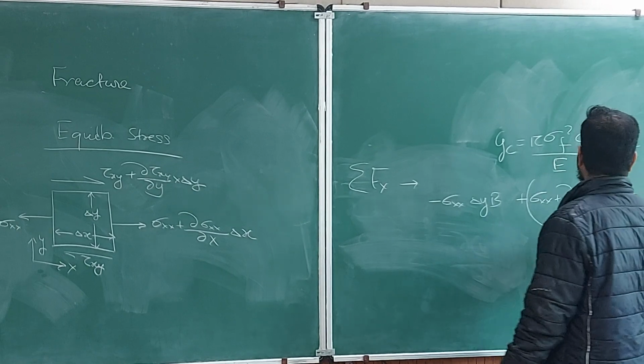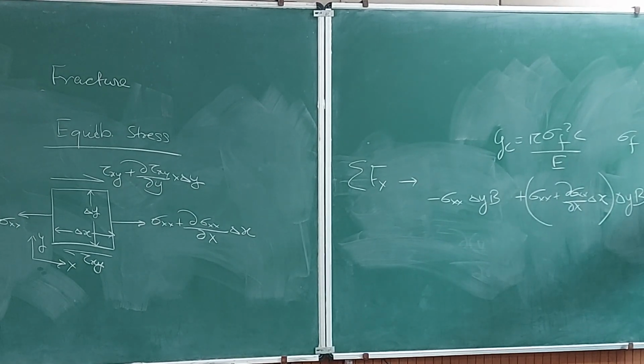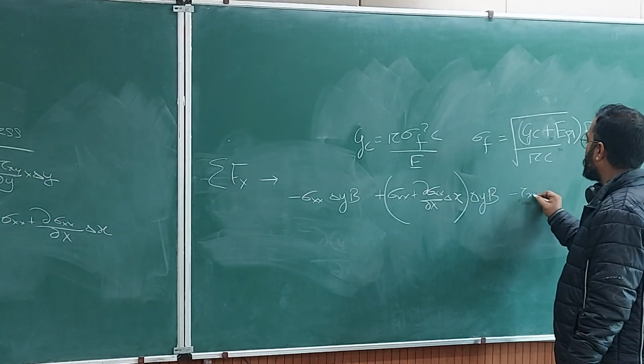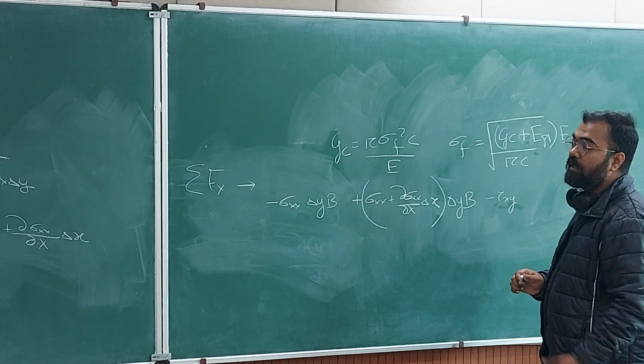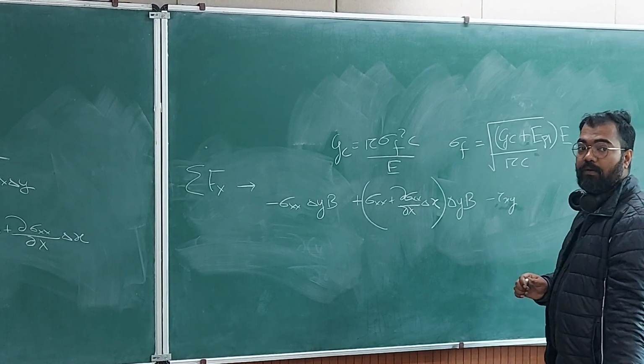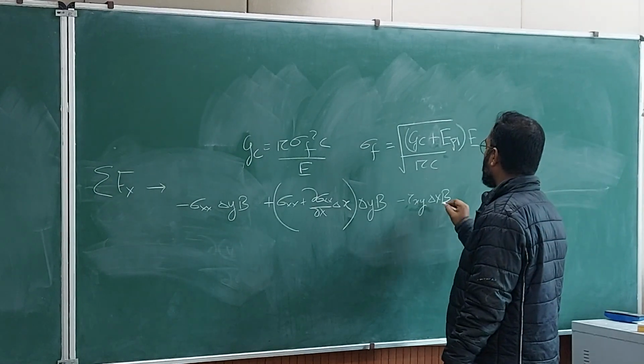This will also be multiplied by delta y and b, and then we will have minus tau xy into the area for tau xy, which is delta x into b.